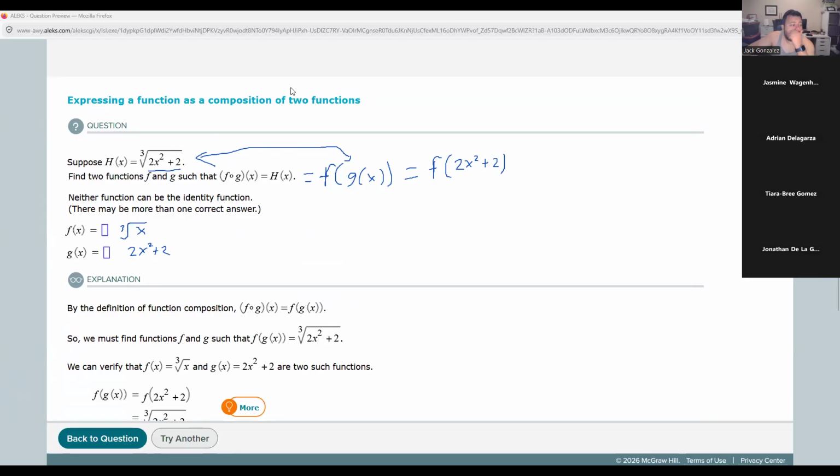Okay. All right then. I guess we'll stop there for 2.8. You guys have any questions on 2.8? You'd be cool with the notation for composition or the algebra of functions, the subtraction, addition.